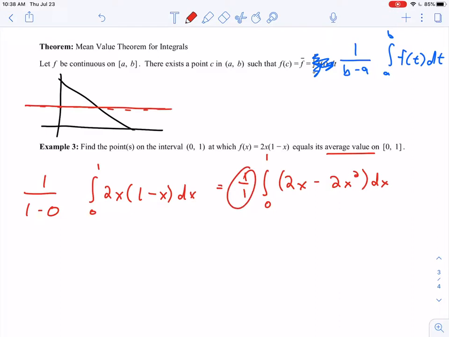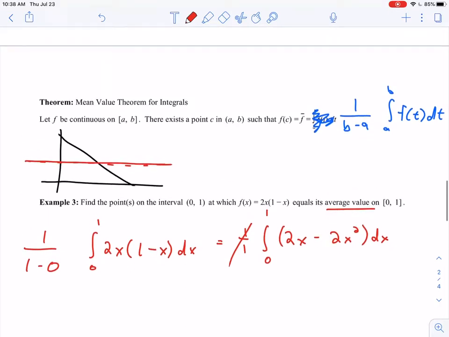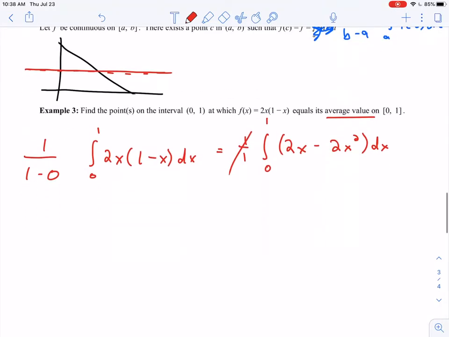So 1 over 1, it's just 1, we're multiplying by 1. This really isn't going to do anything for us. If we multiply by 1, it's not going to change anything. So really I'm just looking at what this antiderivative is. Let's see, I want to find my antiderivative, which would be x squared minus 2x cubed over 3, evaluated at 1 and at 0.